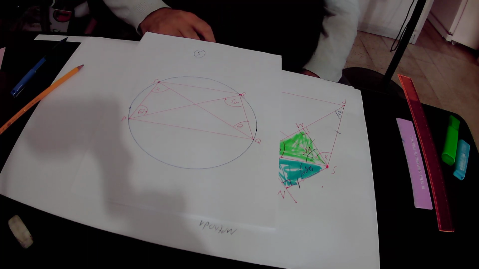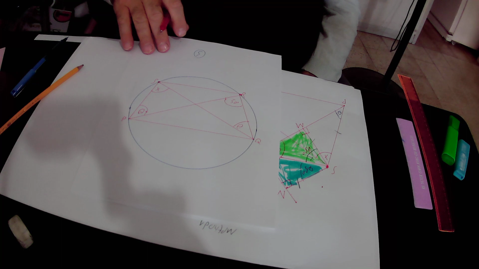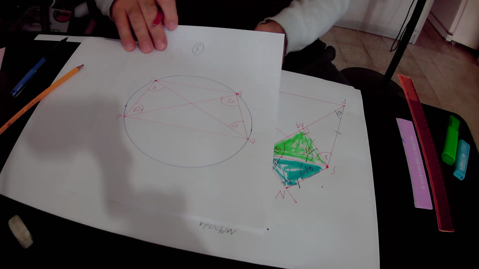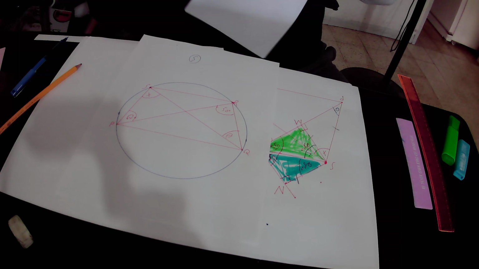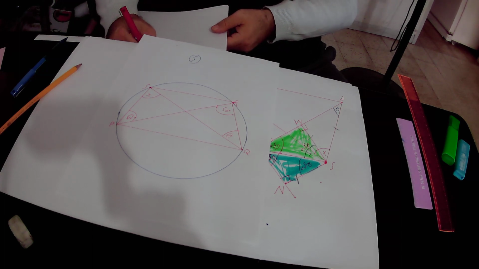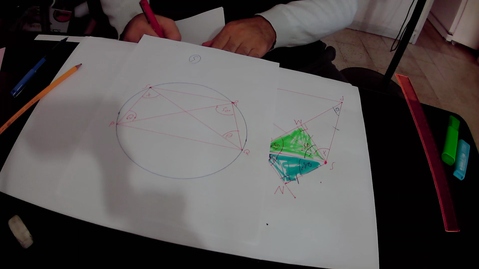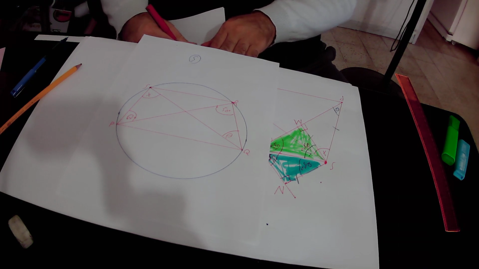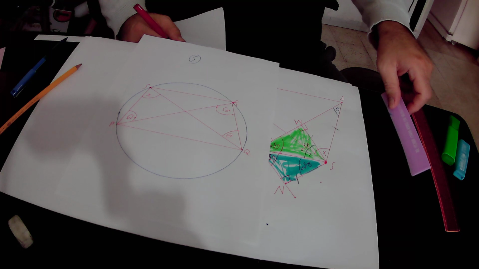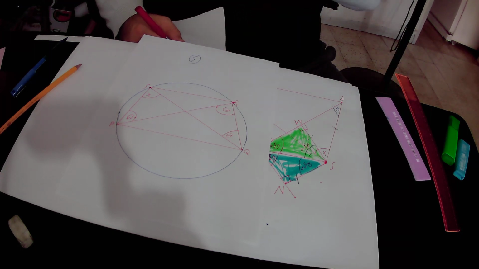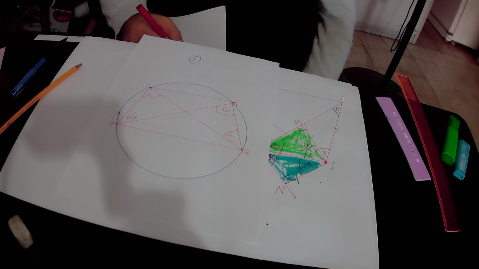And we also have rule number 2. Rule number 2 states that peripheral angles that subtend on the same chord are equal to each other.